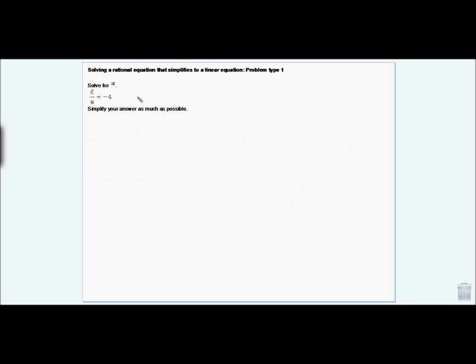So let's try another one of those. I have 6 over u is equal to negative 4. Traditionally, I'll multiply both sides by u, giving me 6 is equal to negative 4u. Then I'll divide both sides by negative 4, giving me negative 3 halves.